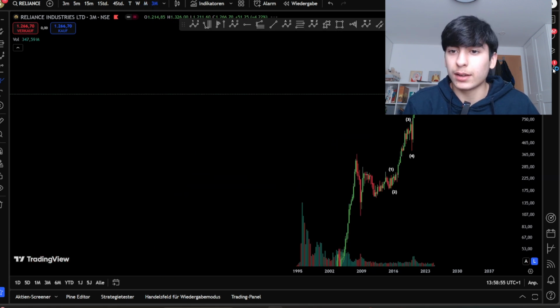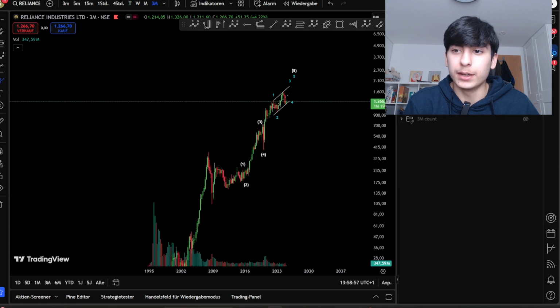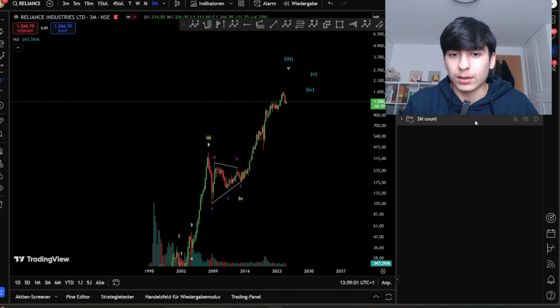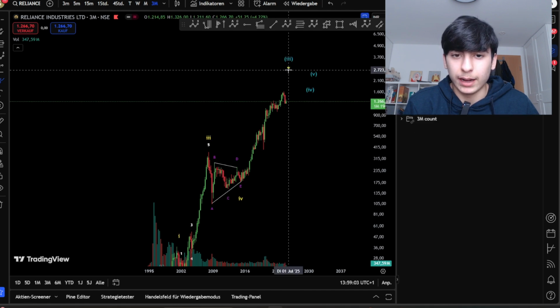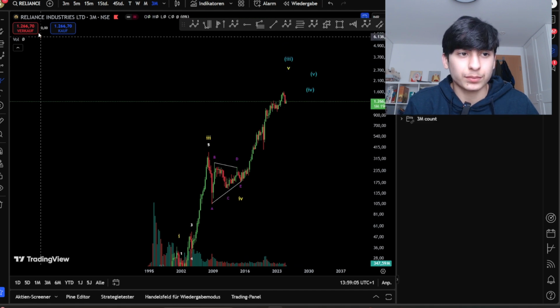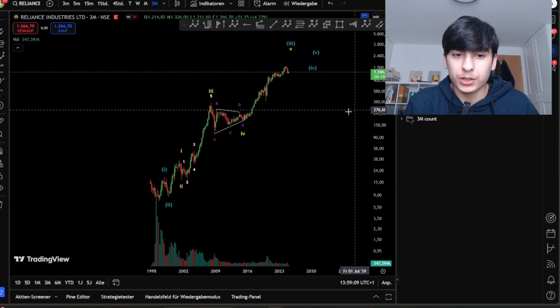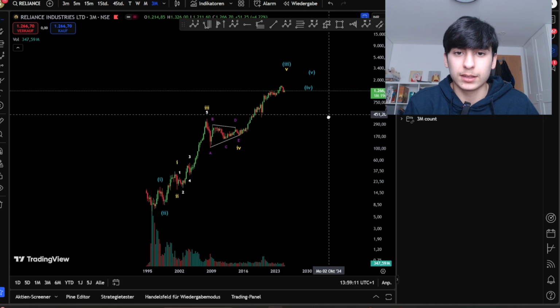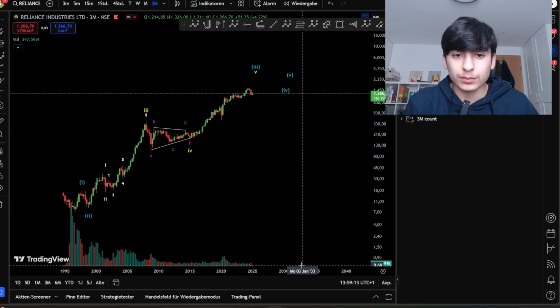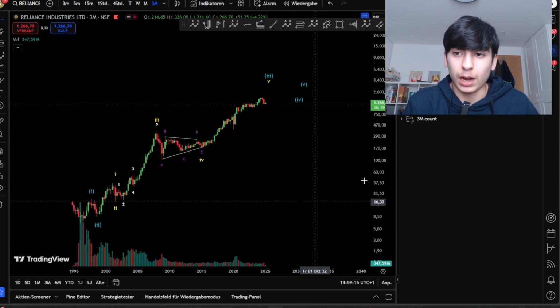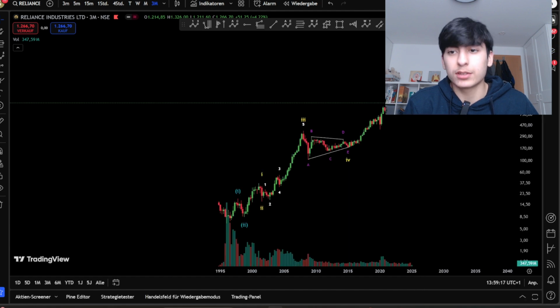So here, therefore, on the 3 months chart, the probabilities of looking for wave 4 are at the moment the highest. With that in mind, if you are in this stock, then yeah, I would absolutely take profits.